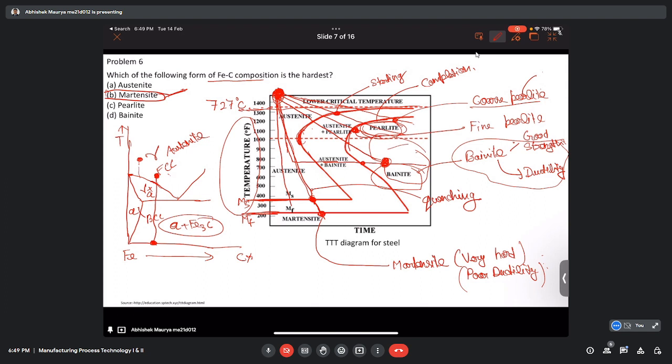Okay, is it clear, or shall we move to the next problem? If you have any doubt, please stop me. Okay, it seems there is no doubt, so we will move to the next problem.